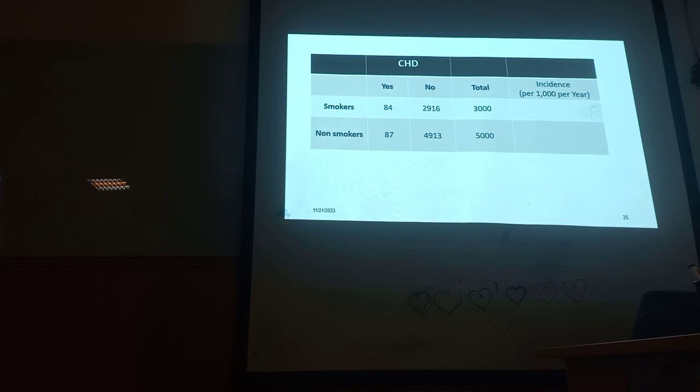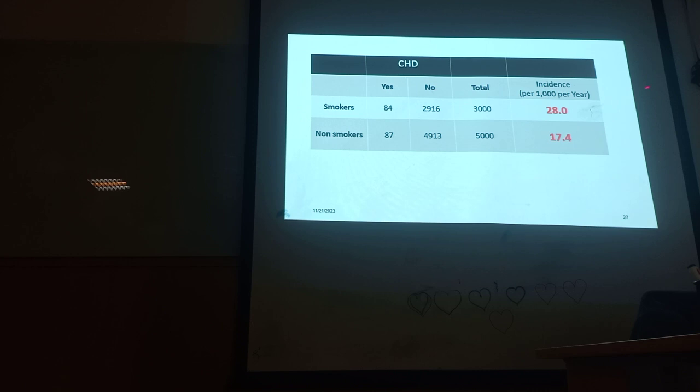84 over 3,000. Incidence among the exposed is 84 over 3,000, which is 28 per thousand per year. And incidence among unexposed is 87 divided by 5,000, which is 17.4.